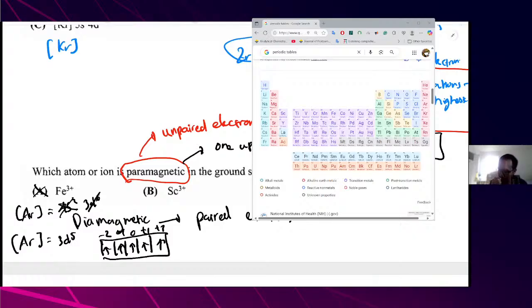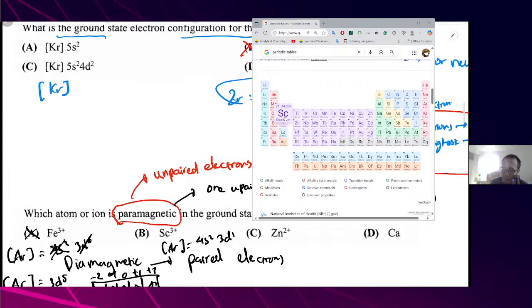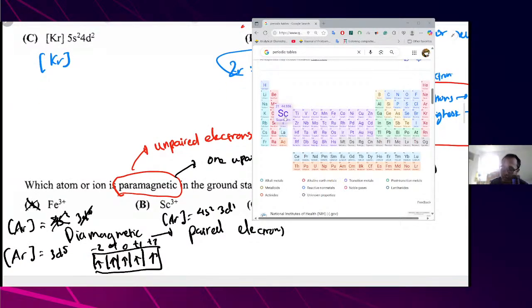All right, now we need to understand one by one. So now scandium 3+. It has Ar again. Sc is 21, so it should be 4s2 and then 3d1, because Ar is 18, so 20 and then 21.